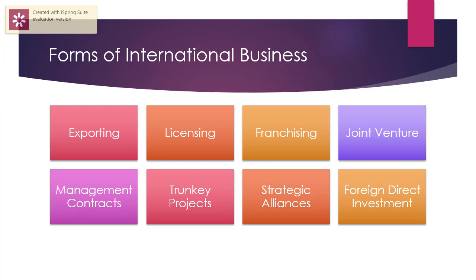Franchising is also one of the most interesting and most followed types of international business. Then we have joint ventures, management contracts, turnkey projects, strategic alliances, and lastly, foreign direct investment. Now, in the next slides, we will be discussing each form or type of international business in detail.